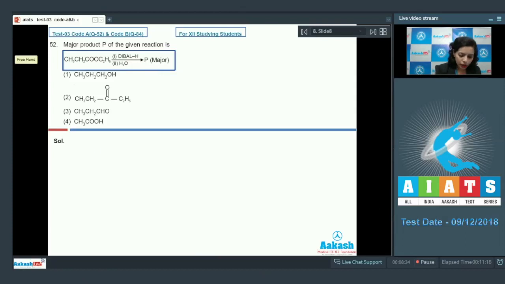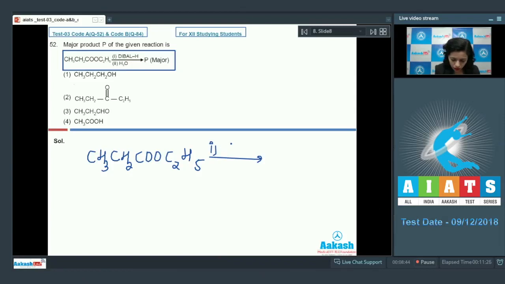Let's check what will happen here. We have this substrate, the ester, and the reagent is the reducing agent. And definitely there's the formation of an aldehyde as the major product.